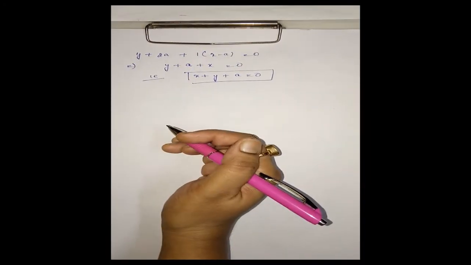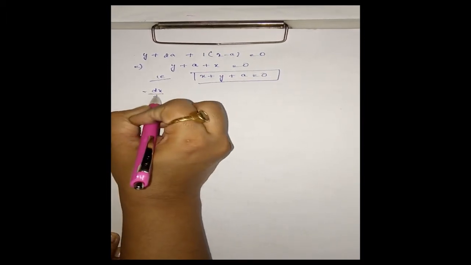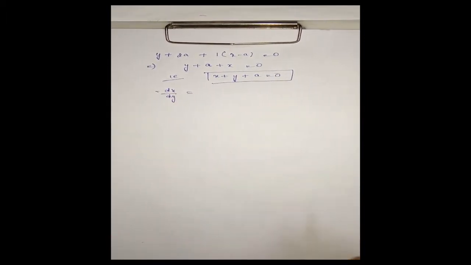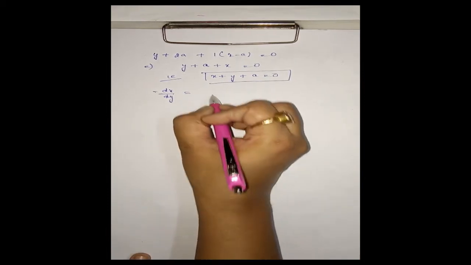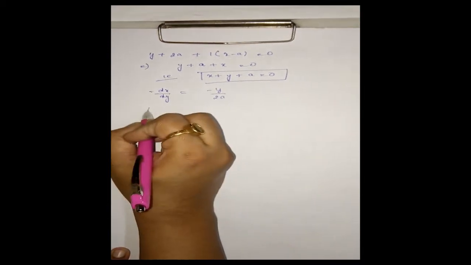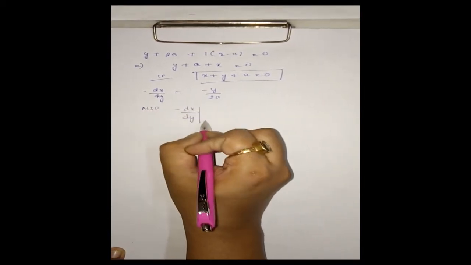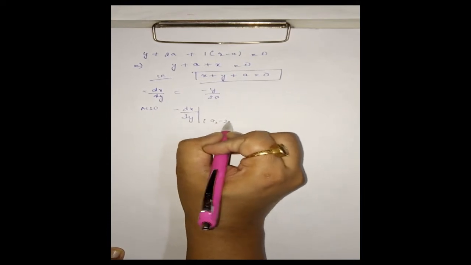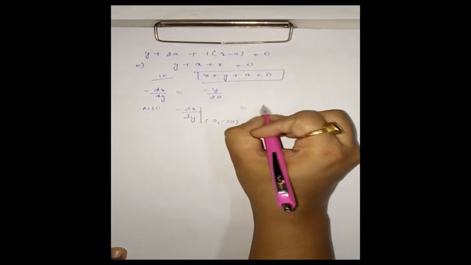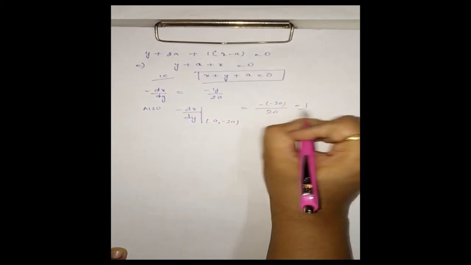Now we have to find the normal. For this, we have to find minus dx by dy first. Minus dx by dy is equal to minus y by 2a. Also, minus dx by dy at the point a, minus 2a is equal to minus of minus 2a by 2a. That will give us 1.